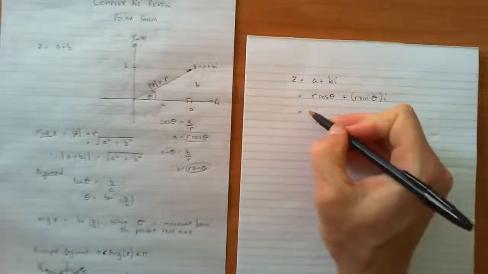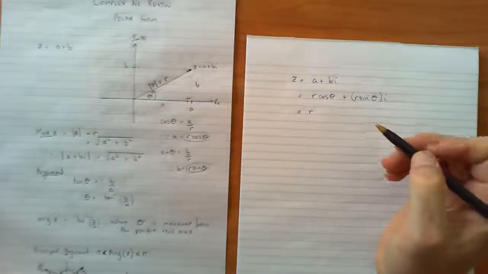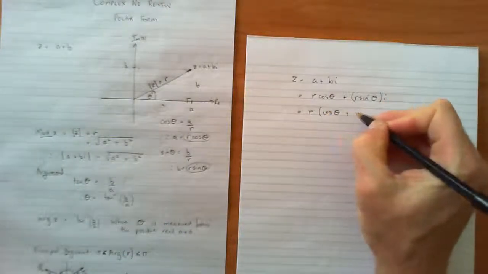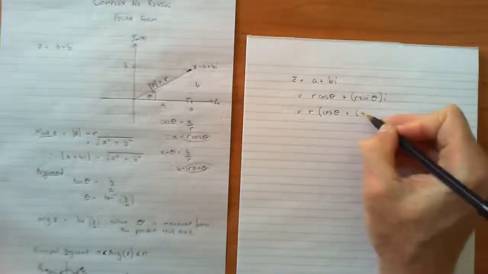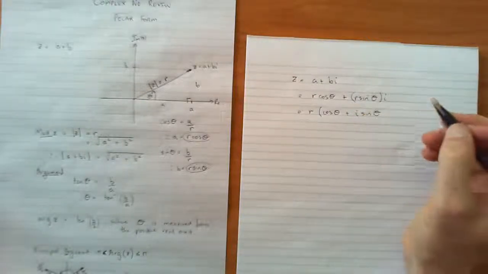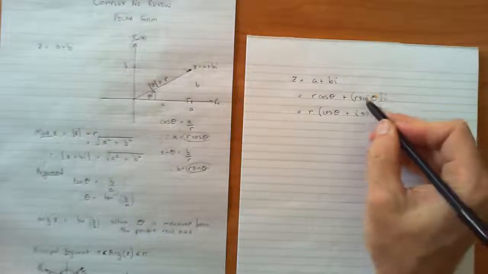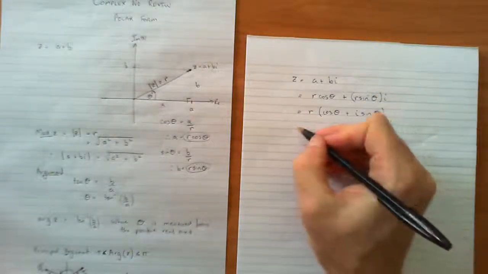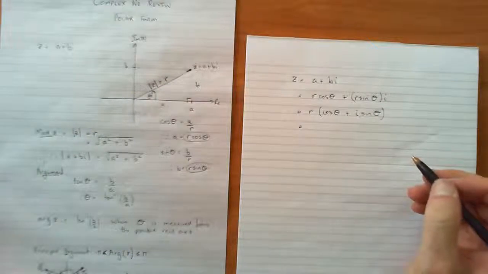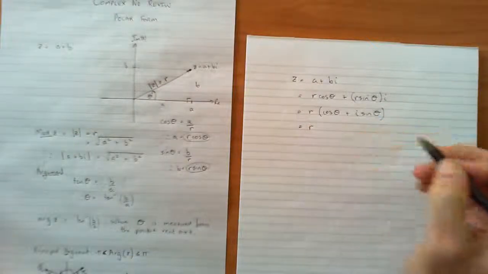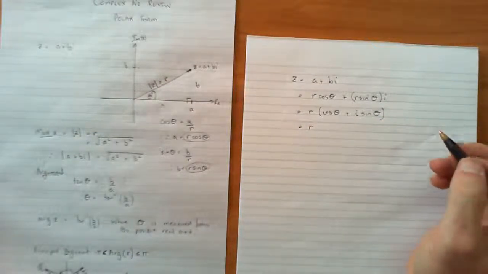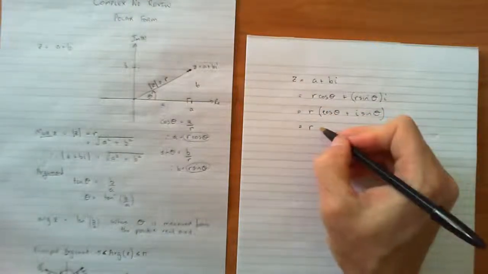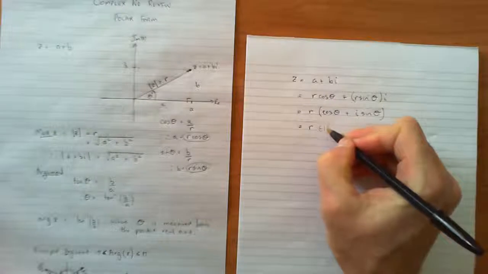Now we could take out a common factor here of r, and we'd get cos theta plus, and I'm going to bring the i in, i sine theta. I put the i in front of the sine, which gives us r, and mathematicians are great at shortcuts, the cos theta plus i sine theta we convert to cis.